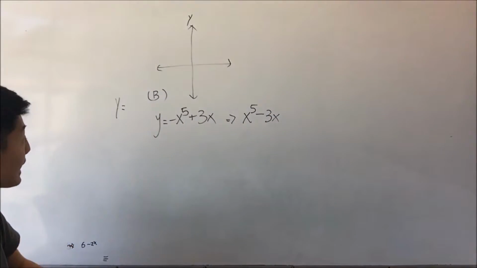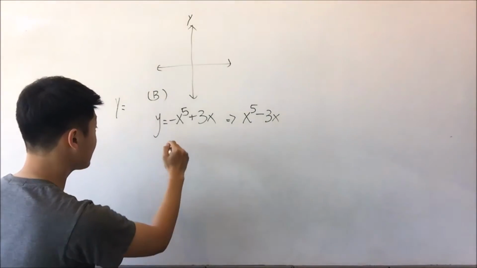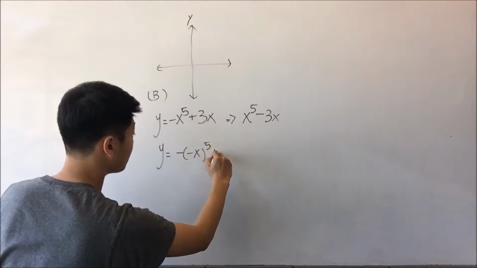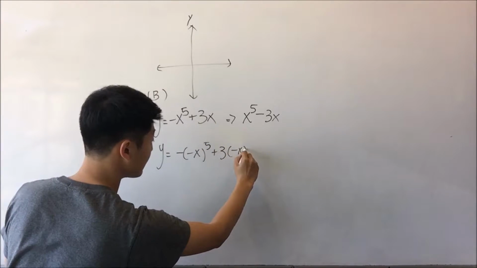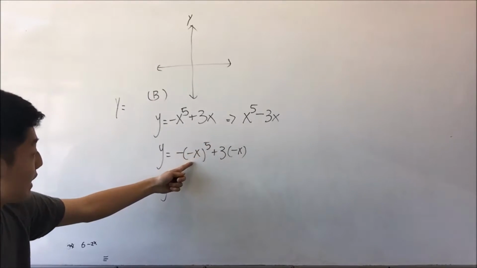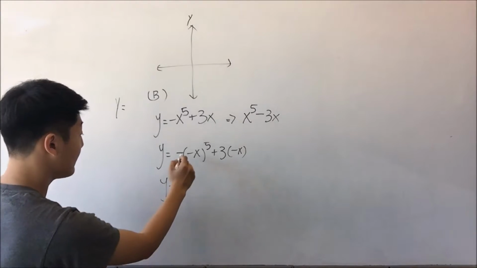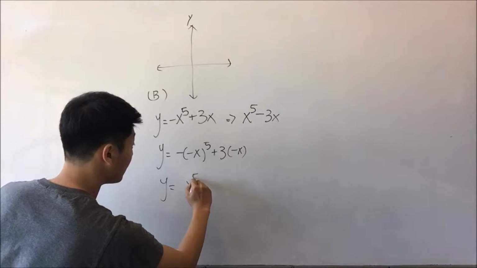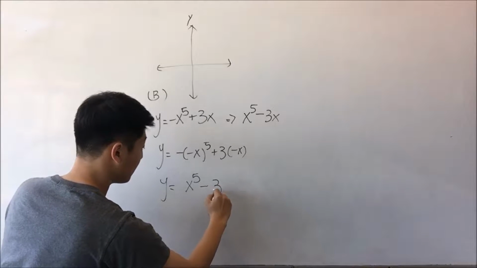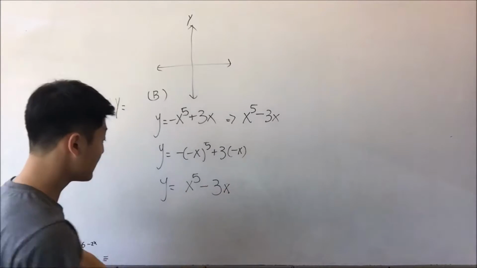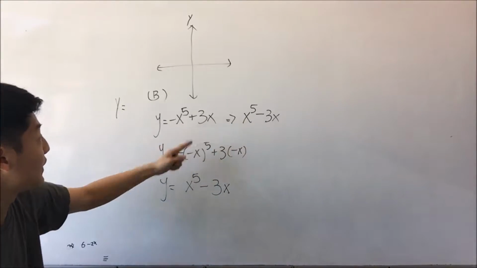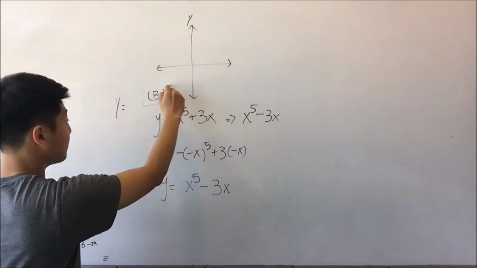If I plug in negative x, negative x to the 5th plus 3 times negative x, because the power is odd it stays negative, and negative times negative is positive, and negative times positive is negative 3x. So look at this. This is the perfect opposite of this. So the answer will be B.